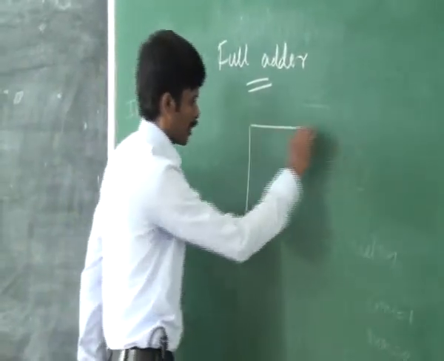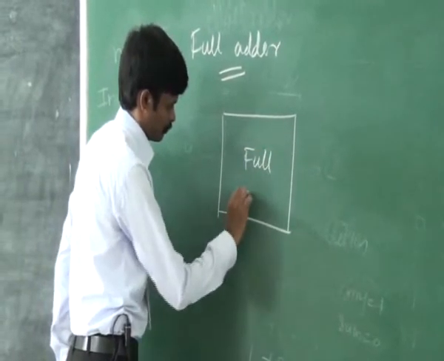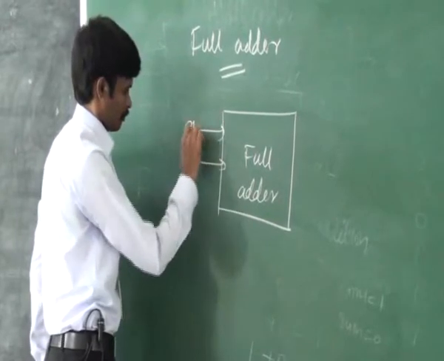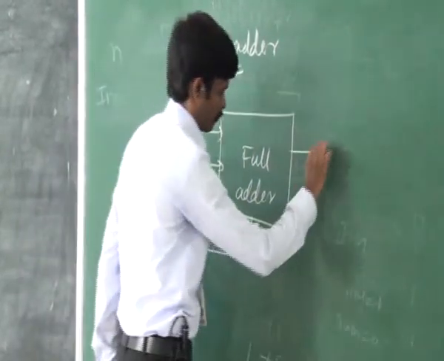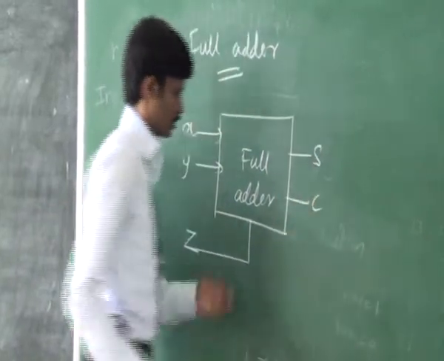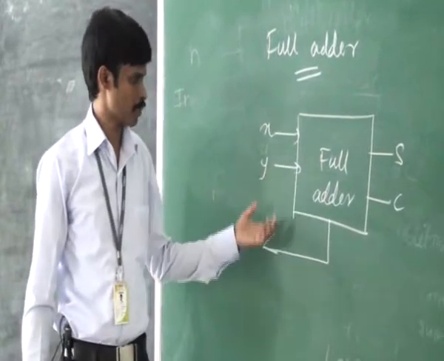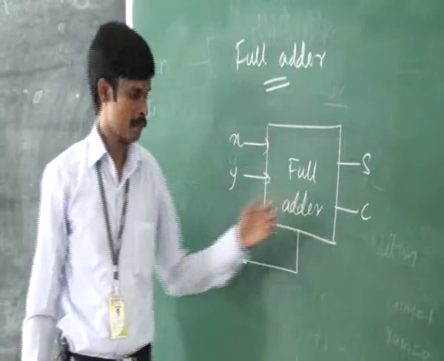Now let us see the basic block diagram for full adder. This is the basic block diagram for full adder. It consists of 3 inputs and 2 outputs. S represents sum, C represents carry.